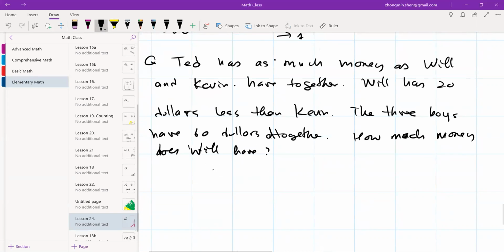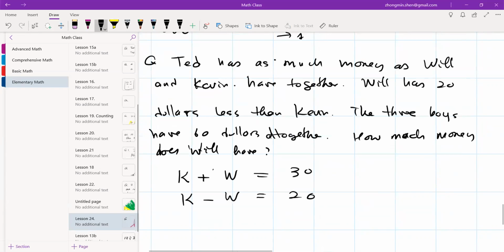Okay, so what you have here is Kevin's money plus Will's money is going to be 30, right? Now Will has $20 less than Kevin. So the difference between Kevin's money and Will's money is going to be 20, right?